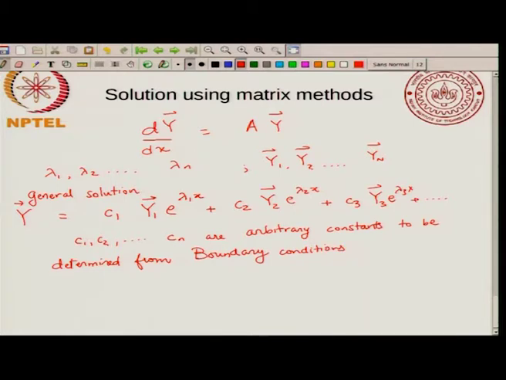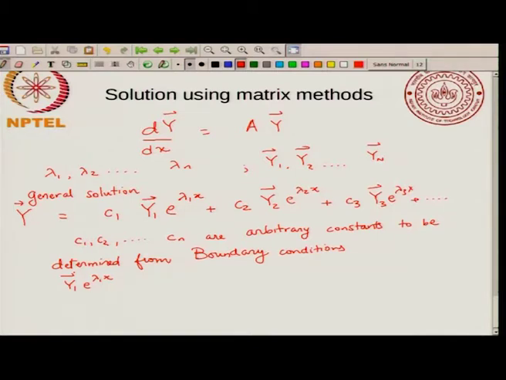So, what did I do? I took this y and let's just consider one of these terms. So, suppose I just look at y1 e to the lambda 1 x.